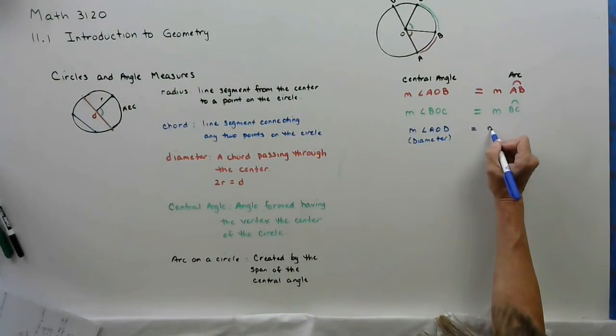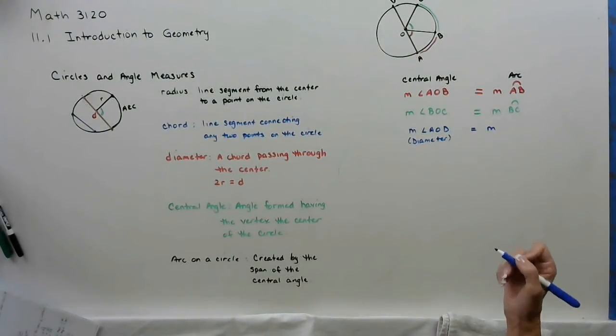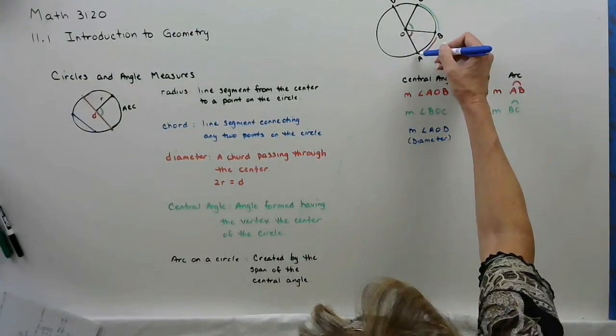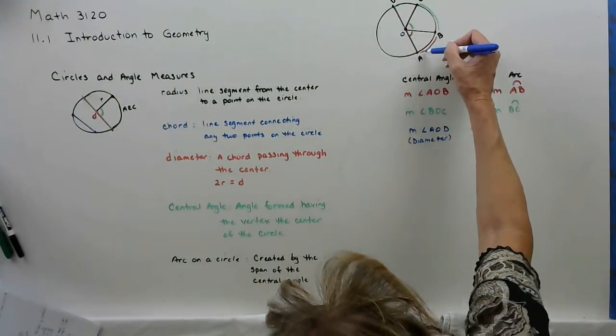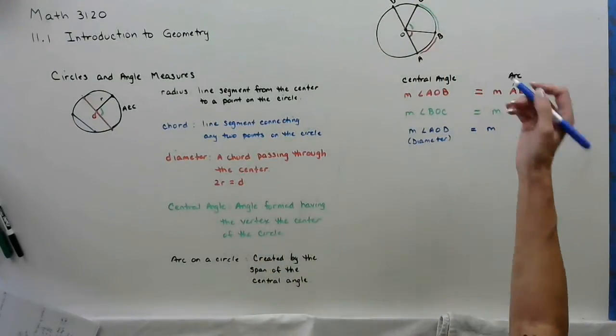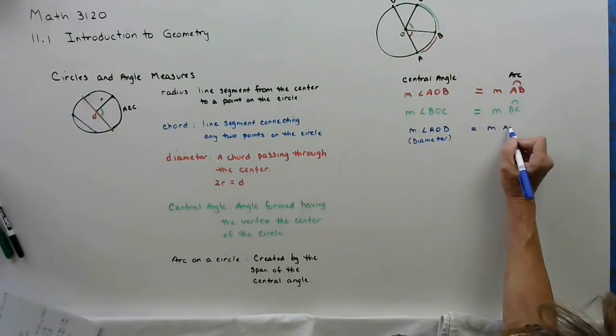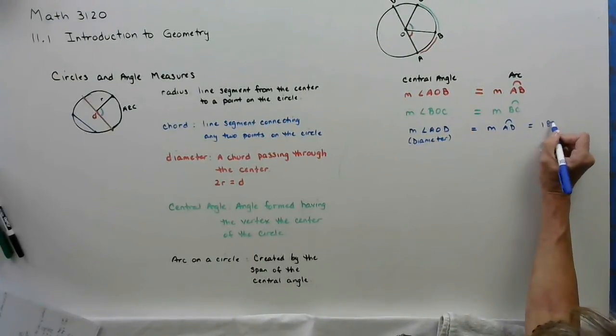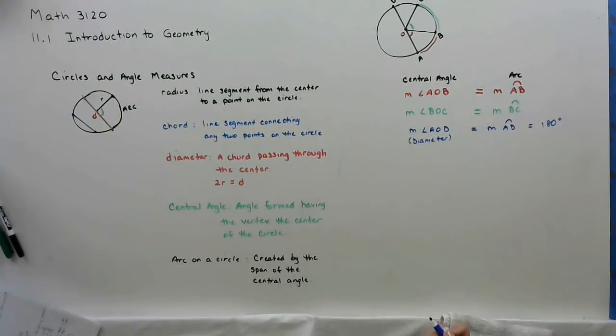It's going to be the measurement of arc, and watch how I write this arc. I can go from A to D this way, or I can go from A to D this way. Either way, for the moment, I'm going from A to D. And because it's a diameter, we automatically know it's 180 degrees because it's passing right through the center to the opposite side.